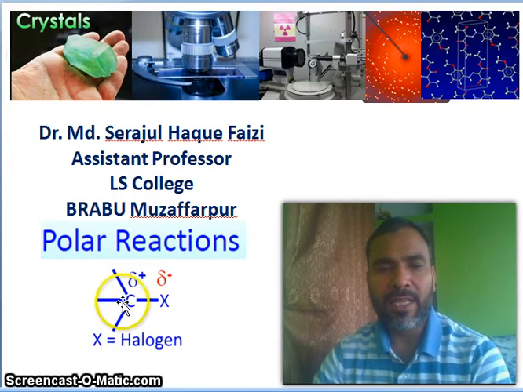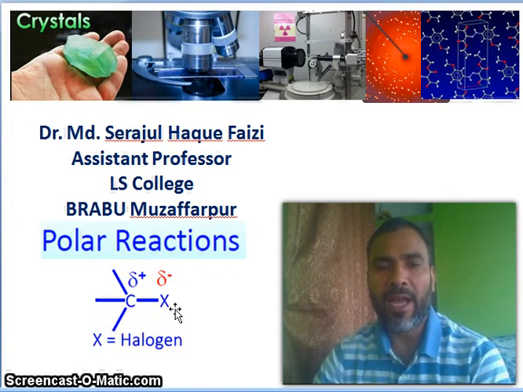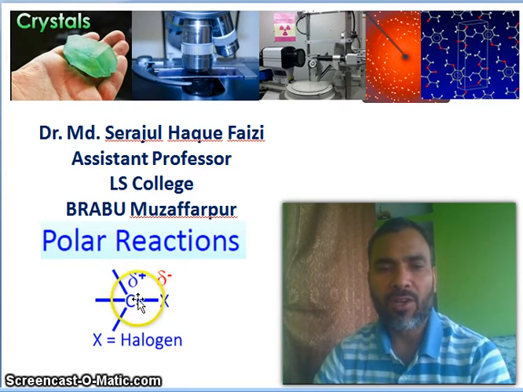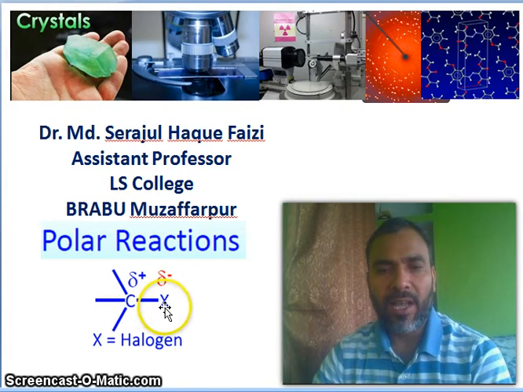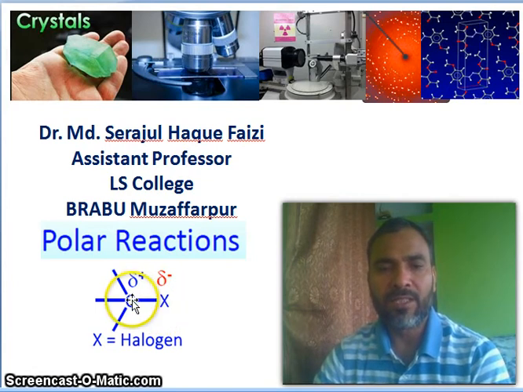So look at this structure. Here is carbon and here is a halogen. So there is a charge on carbon and a charge on X. What does it mean? It means that the halogen, X, is more electronegative than the carbon.